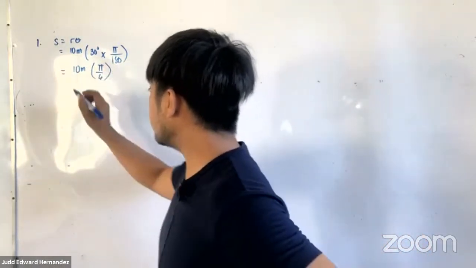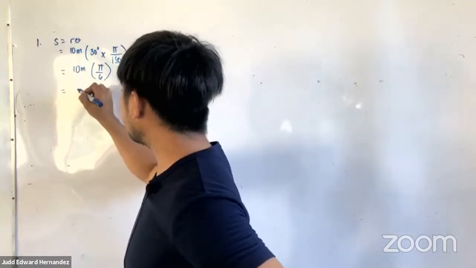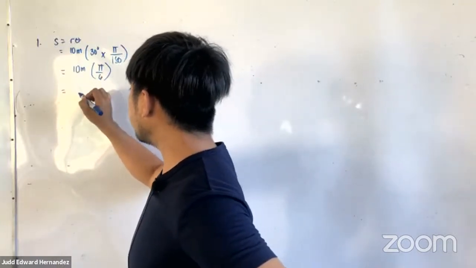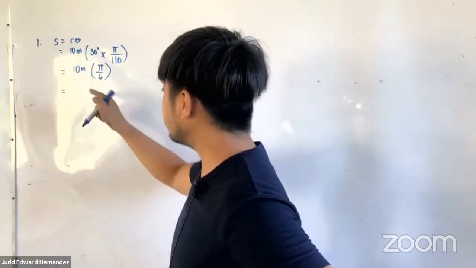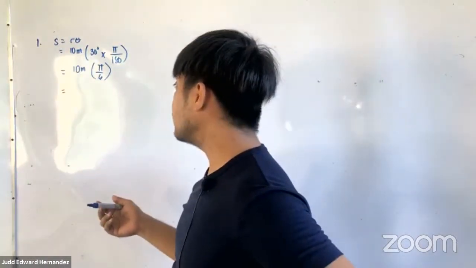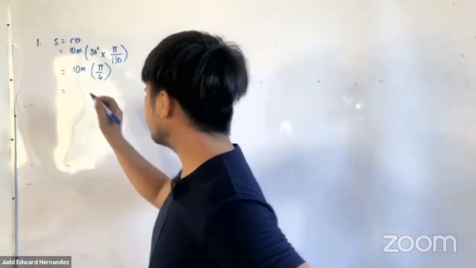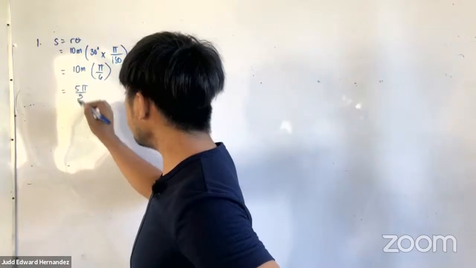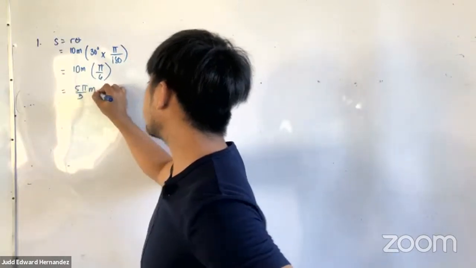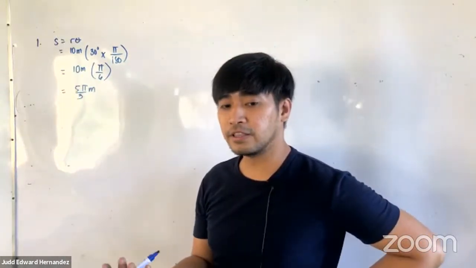Okay. Therefore, we now have here 10 meters times pi over 6. Therefore, simplify muna natin yung 10 and 6. So, we need to divide it by 2. And that becomes 5 pi over 3 meters. So, nakuha po ba yung 5 pi over 3 meters?